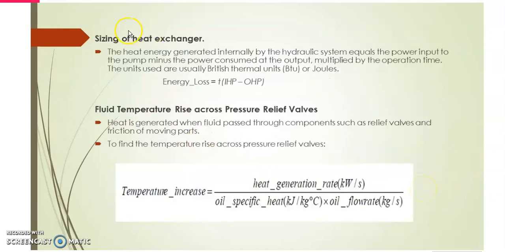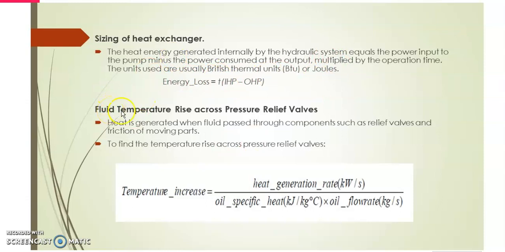For the size of heat exchangers, the heat energy generated internally by the hydraulic system, the energy loss, is equal to the power input minus the power consumed at the output, multiplied by the time. The unit used for the energy is the joule.